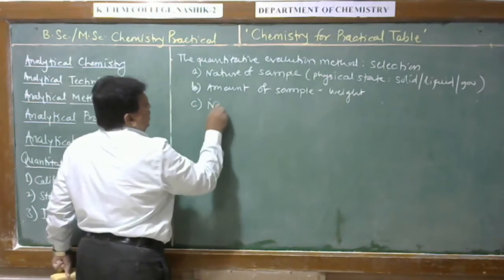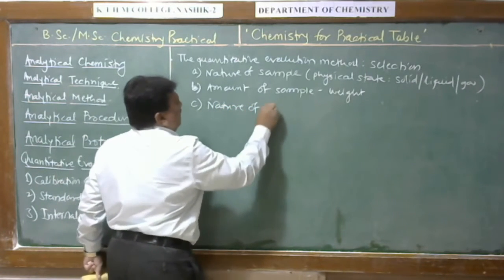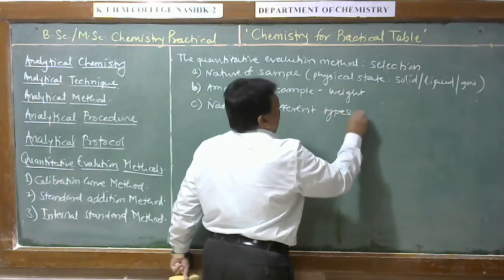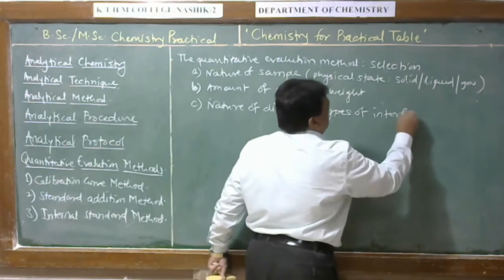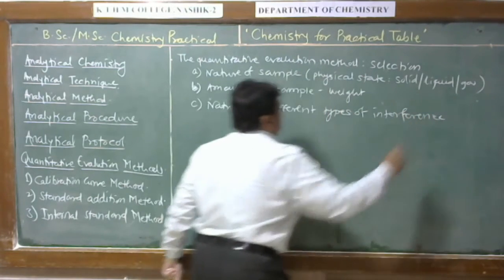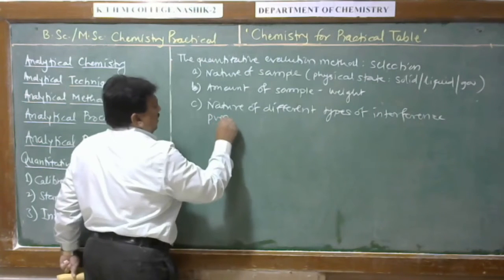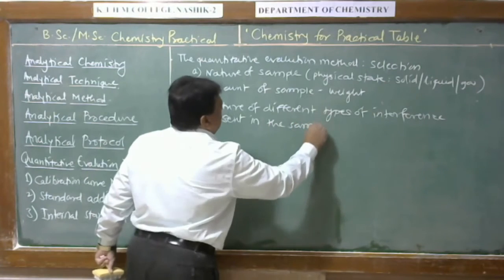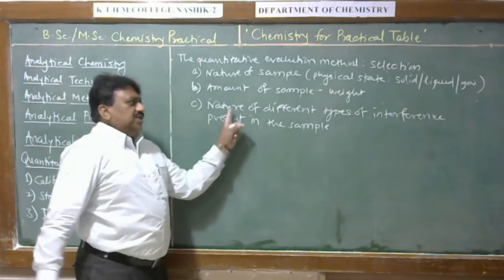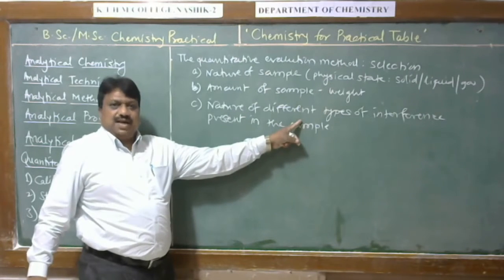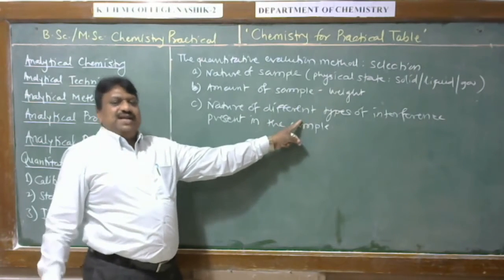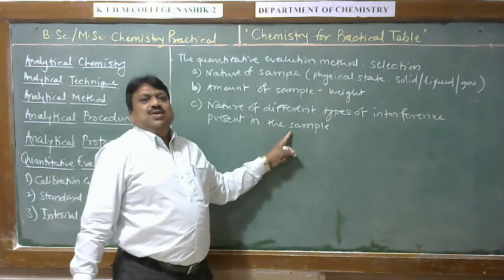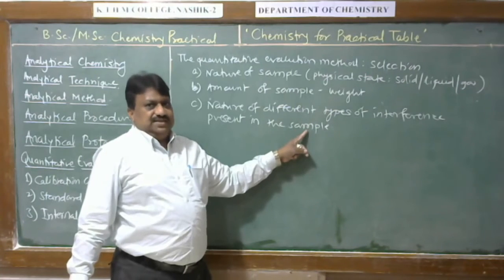Third one is the nature of different types of interference present in the sample. Nature of different types of interference in the sample means what the sample matrix is and how that sample matrix interferes in the determination, which can affect the result of the analysis.